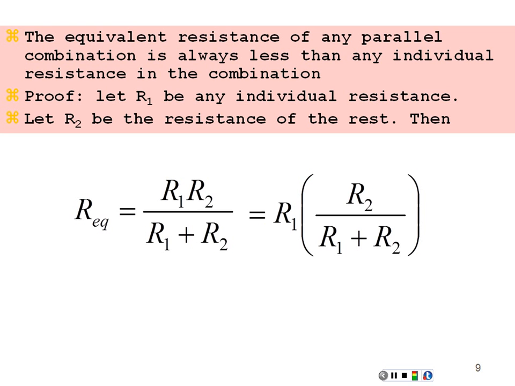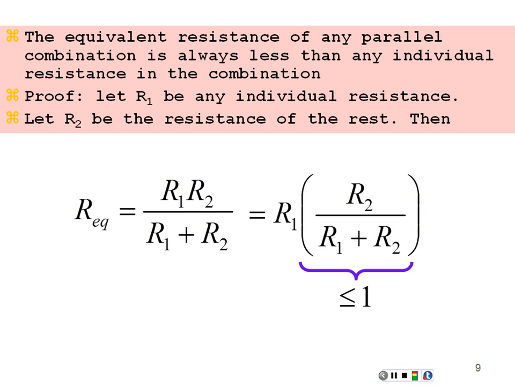So if we were to calculate the equivalent resistance of that, it would be product over the sum, and factoring out our R1, we have R1 times this fraction, R2 divided by R1 plus R2. This fraction will always be bounded by 1. It can never be greater than 1, and at best, if R2 were infinitely large, it would be equal to 1.